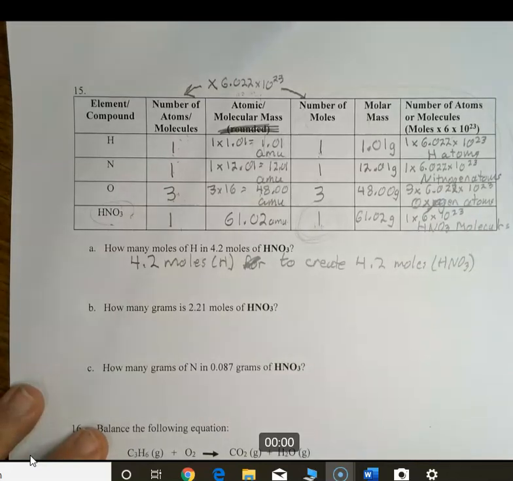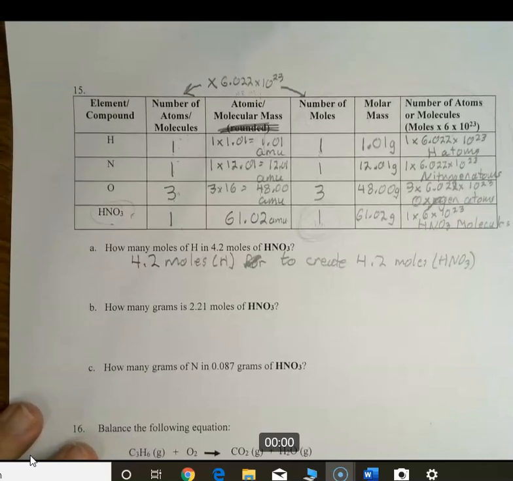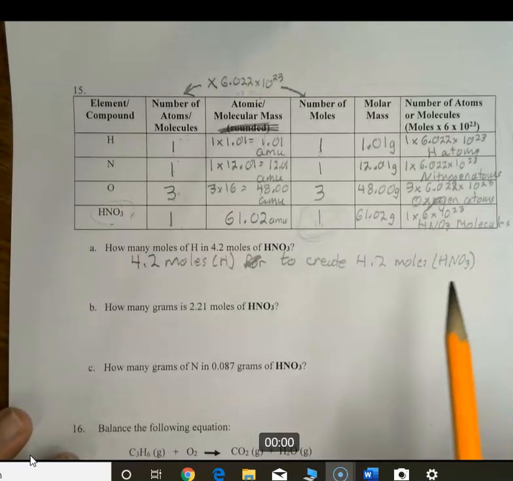All right. How many grams is 2.21 moles of HNO3?